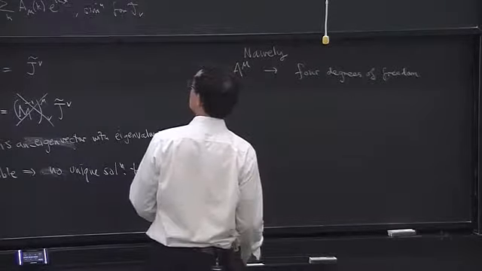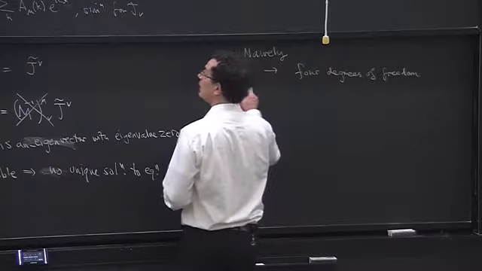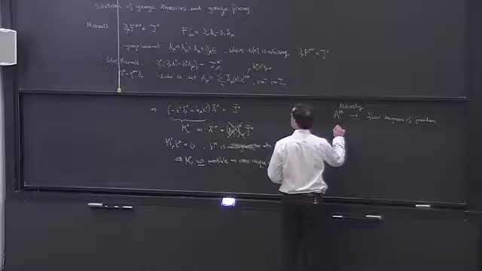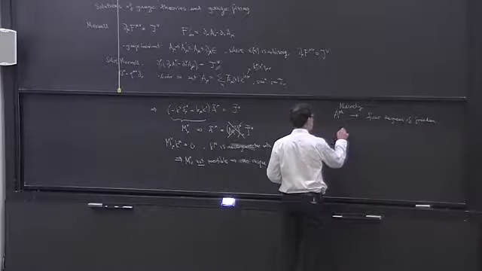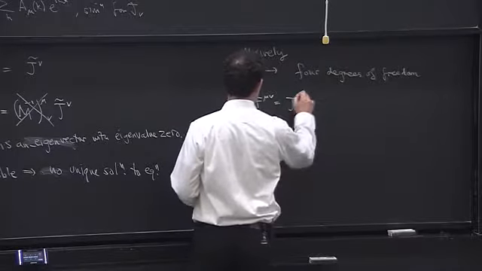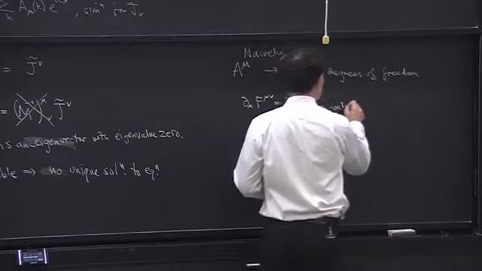But in fact, we only have 3 equations. You see, we have this equation, d mu F mu nu equals j nu. This is really only 3 equations.